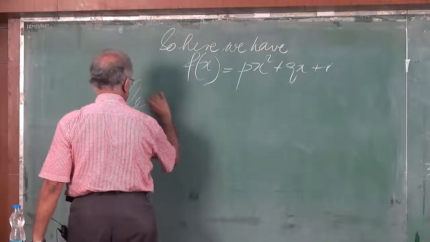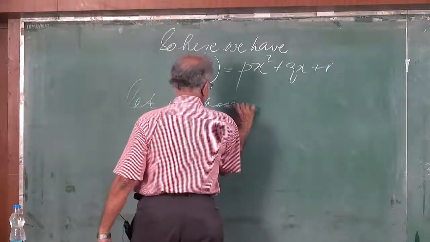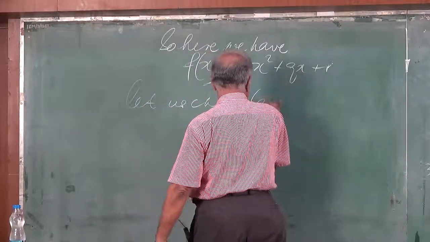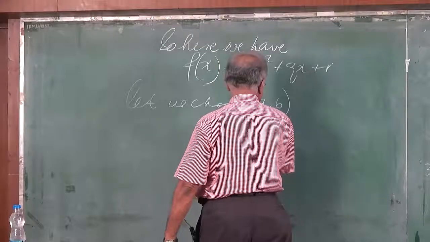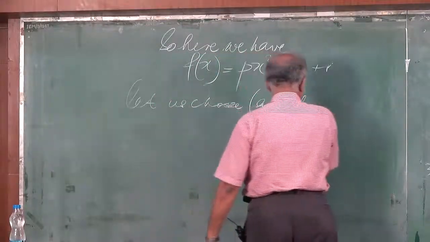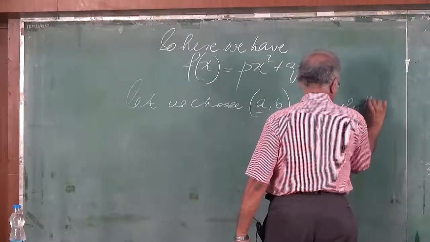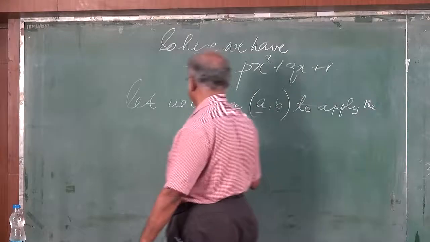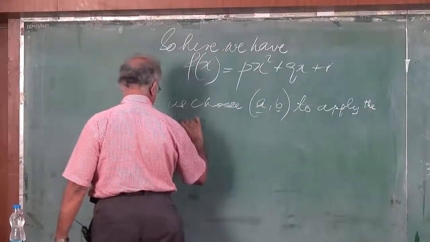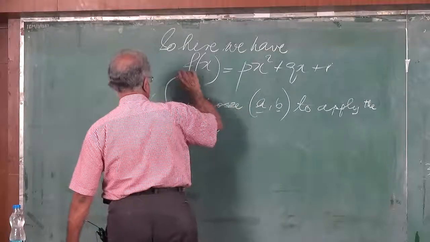Let us choose an interval a, b. A b, general interval, to apply the LMVT to this particular function.